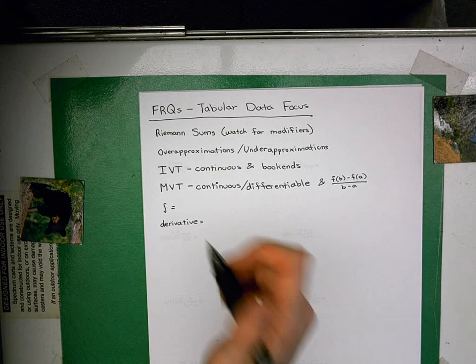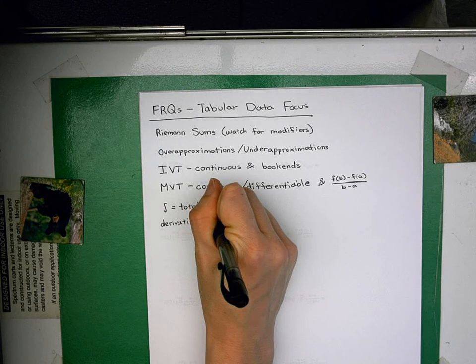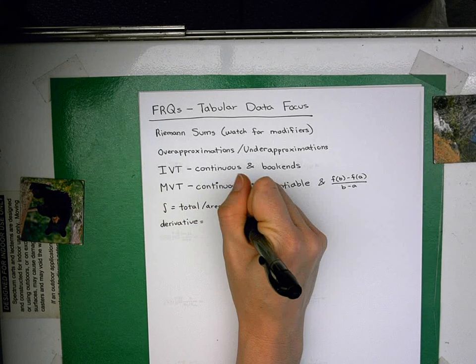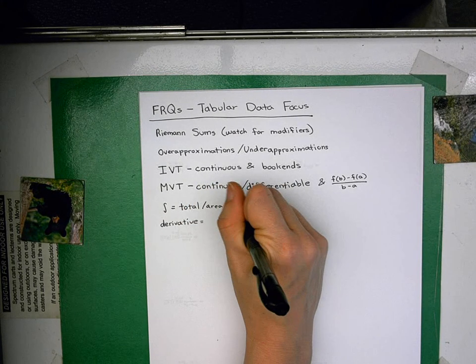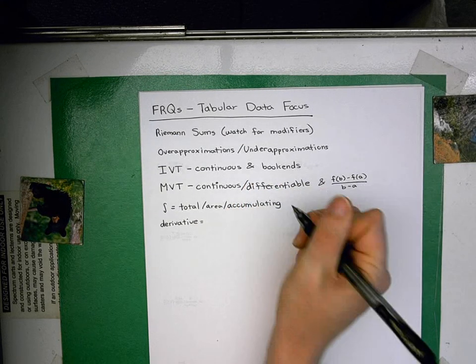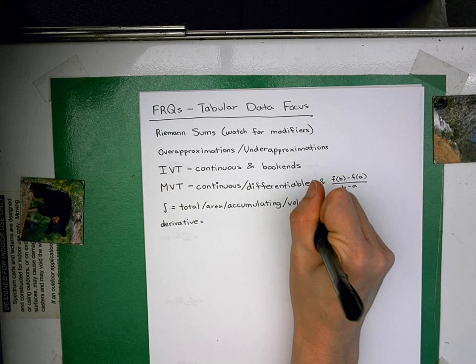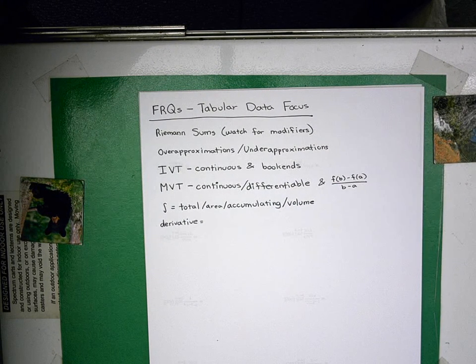An integral, as a reminder, is a total or an area, something accumulating, some total quantity. Volume would potentially be an integral. We looked at a couple of different volumes within Unit 6, both cross sections and solids of revolution. So any word that implies totaling an overarching amount is an integral.